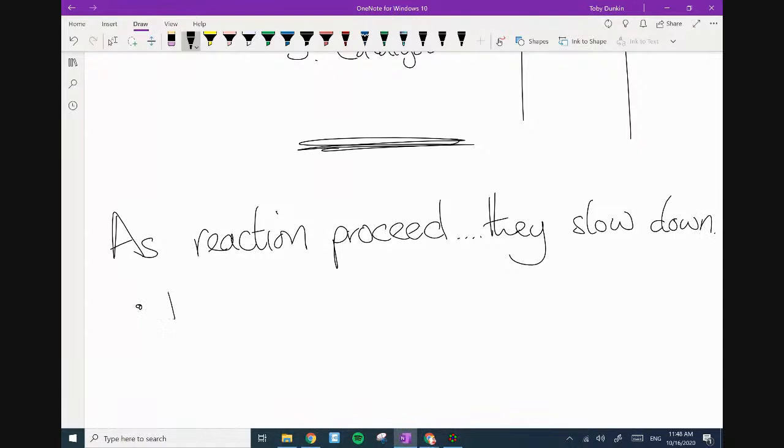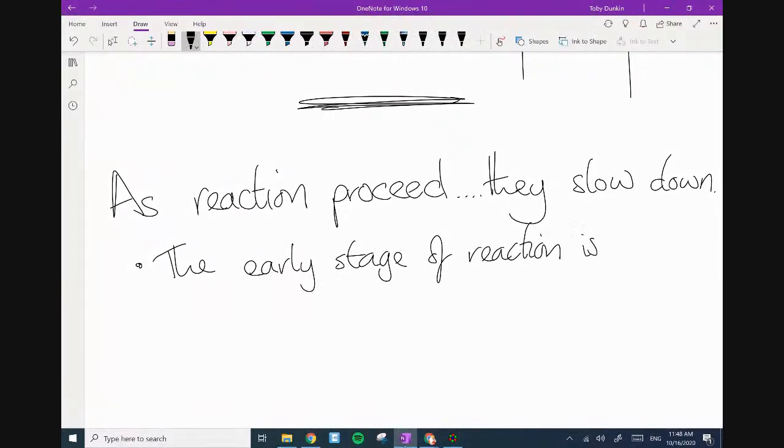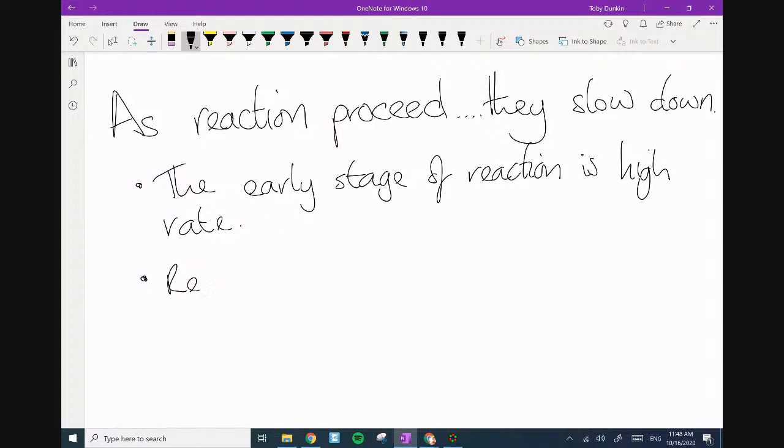The early stage of a reaction is high rate. Reactants get used up.